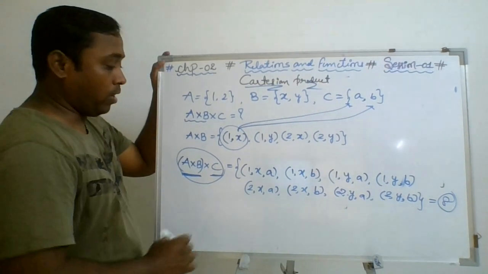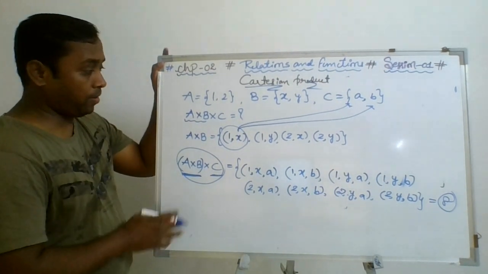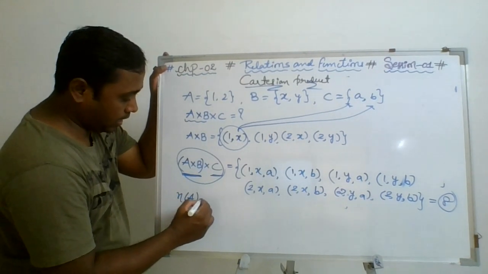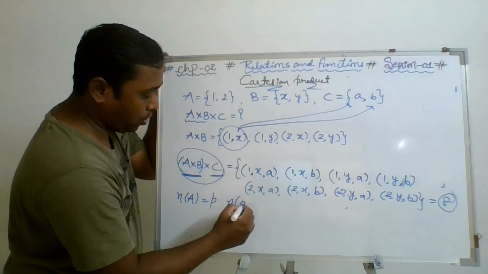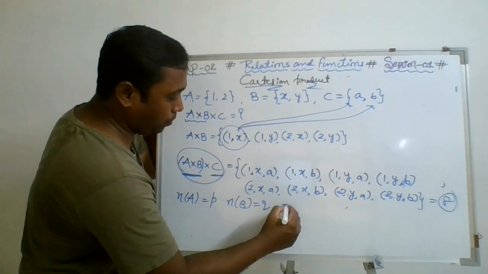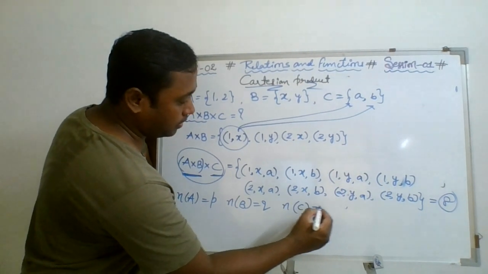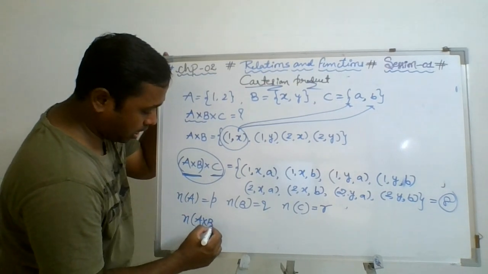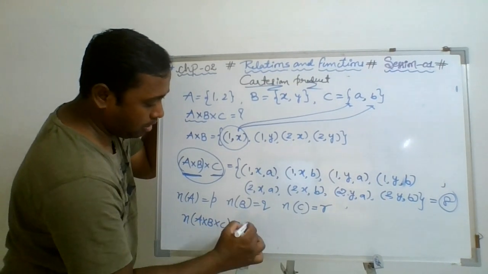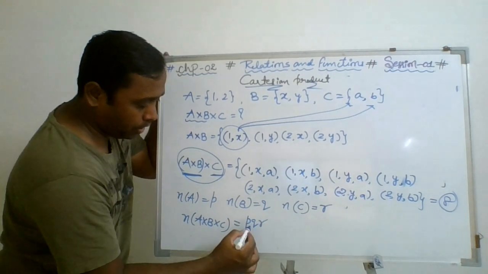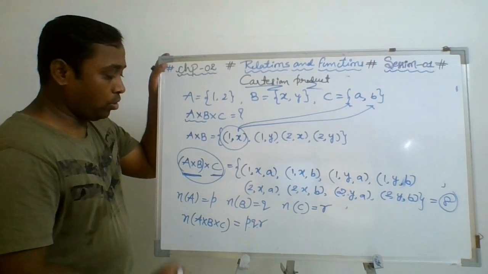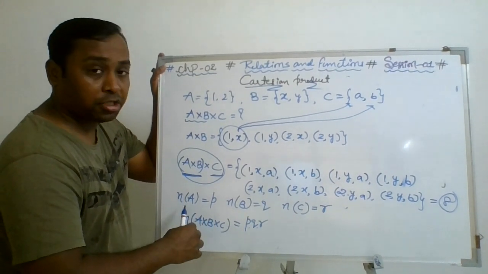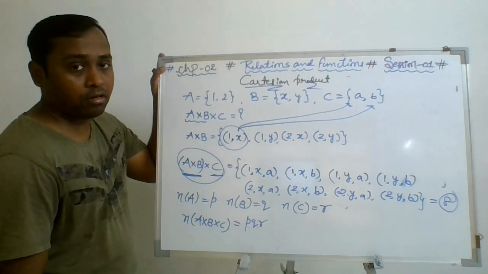Are you getting me? So from this discussion I can conclude that if the number of elements in A is P, the number of elements in B is Q, and the number of elements in C is R, then the number of elements in the Cartesian product of A, B, C will be simply P into Q into R. You may generalize this formula if you are finding the Cartesian product of n number of sets.